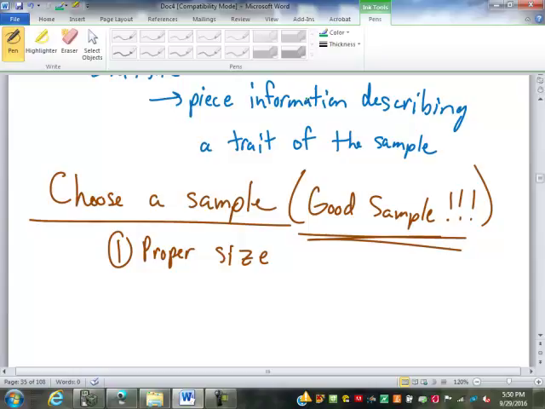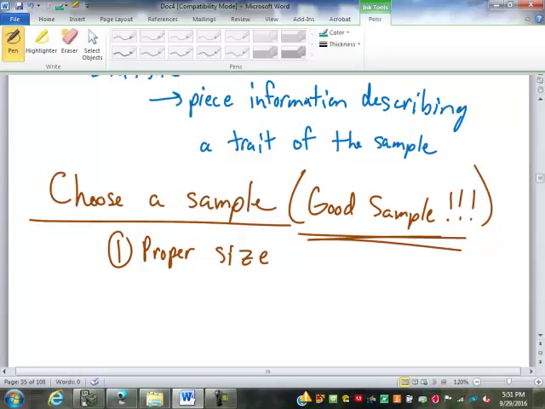Some textbooks say at least 30 is the minimum sample size. One of the reasons they say that is a lot of the methods that they use in advanced statistics don't work if you don't have at least 30 data points. So it's kind of arbitrary. For our purposes, we're just going to say, take a sample that's large enough, and common sense is going to rule that.